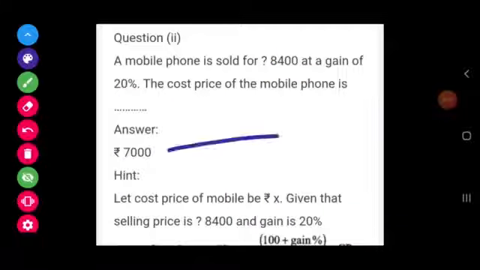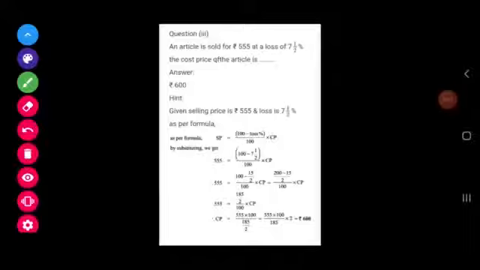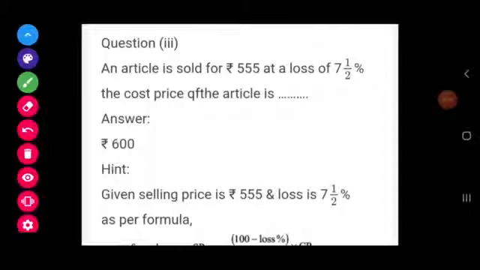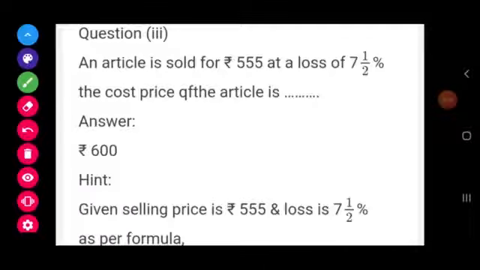Next, question number 3. An article is sold for rupees 555 at a loss of 7 1/2%. The cost price of the article is dash. Here we have to find the cost price of the article. Same formula, but here little changes, they have given loss percentage.